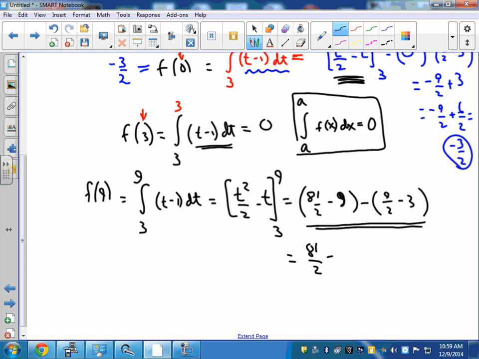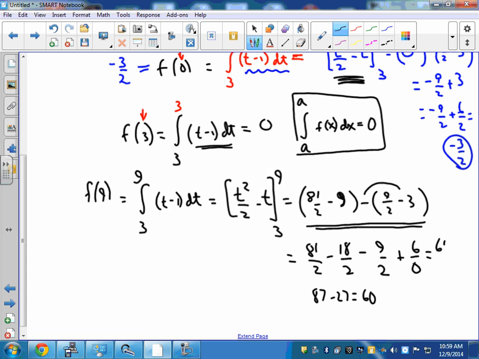81/2 take away 18/2, take away 9/2, and now don't forget to distribute, so that would be plus 3, which is plus 6/2. And adding these up, what do we get? 87 less 27, which is 60/2.